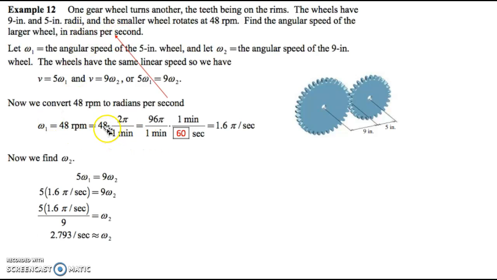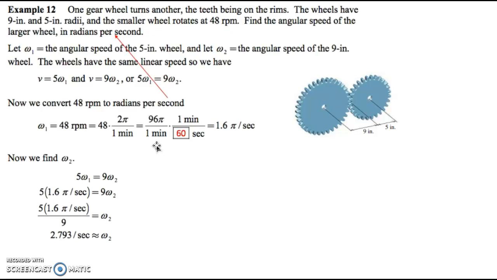So we can plug in 48 times 2 pi. We know that it does 1 revolution, so 2 pi around in 1 minute. That gives us 96 pi in 1 minute. Converting that minute to seconds, we have 1.6 pi per second.